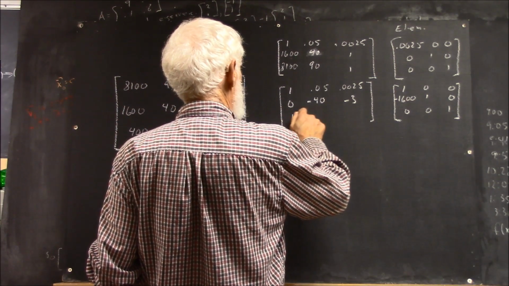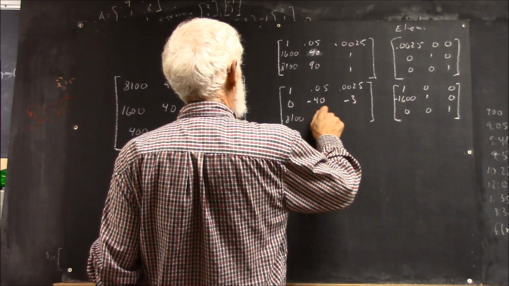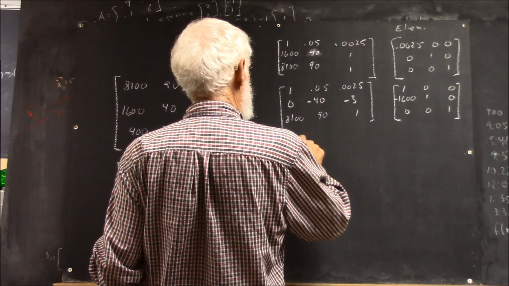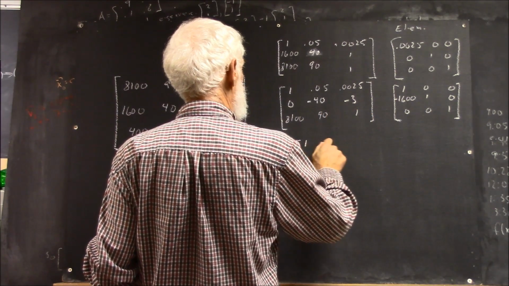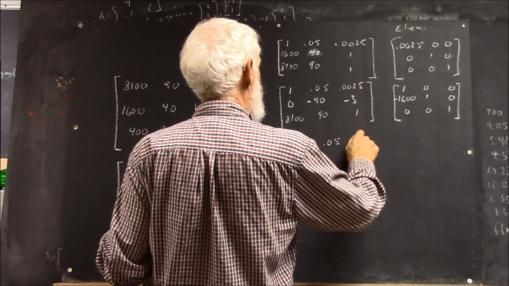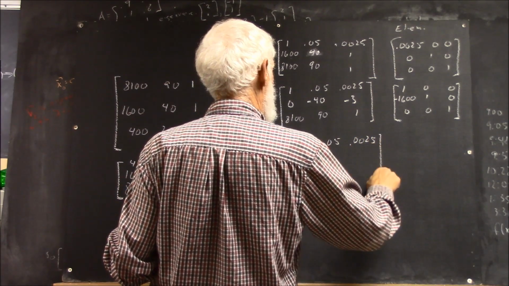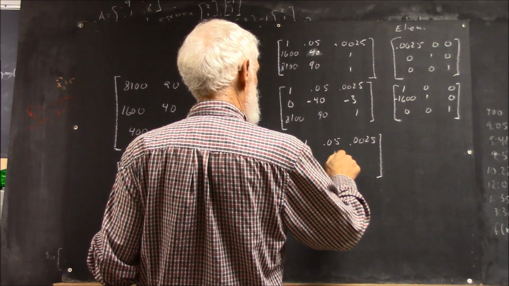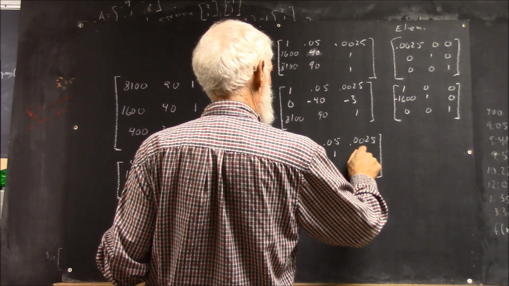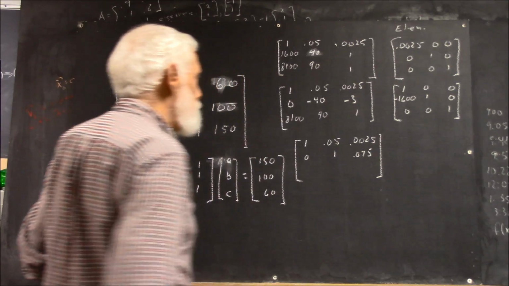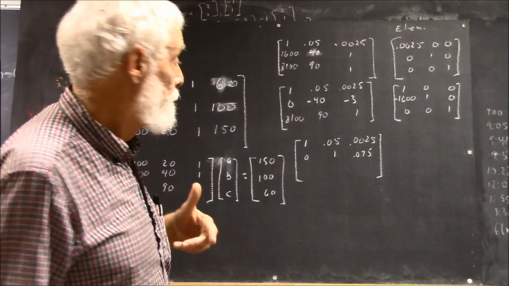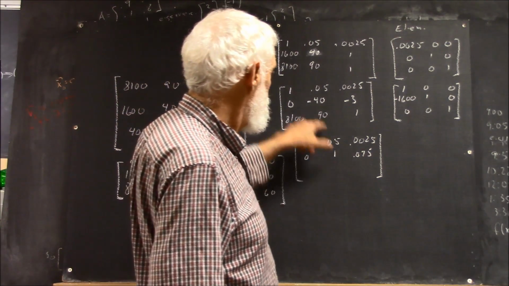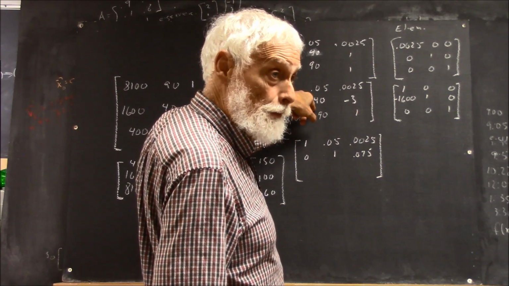Now, 8100, 91. Okay? This is what I get when I divide the second row by 40.